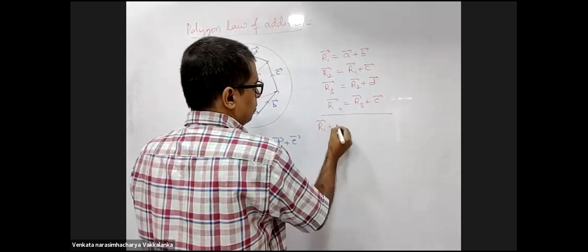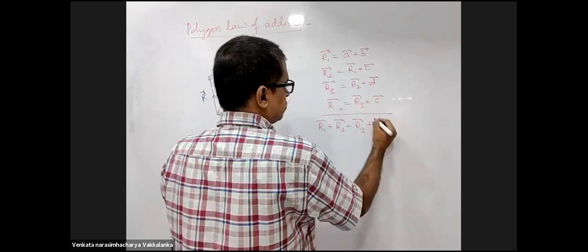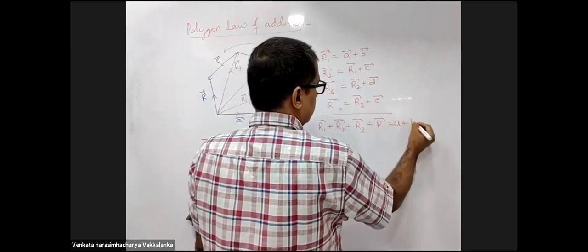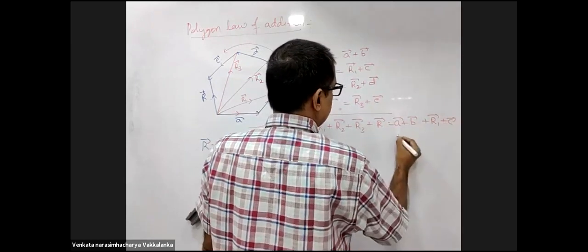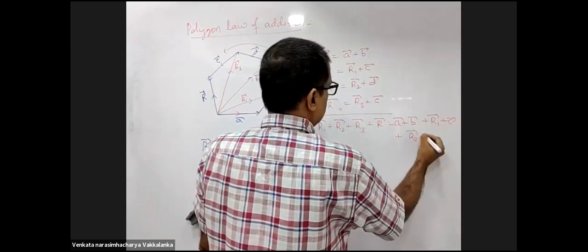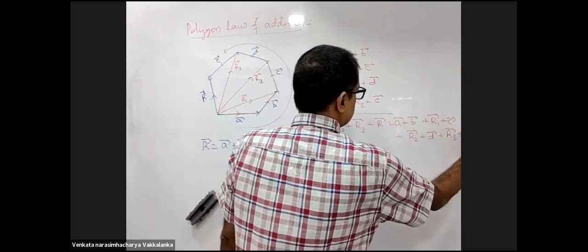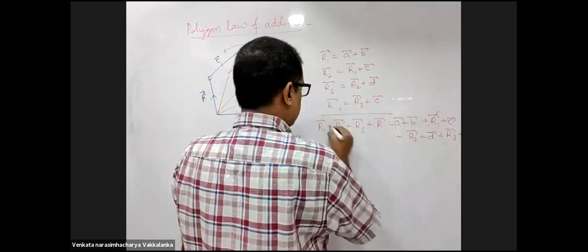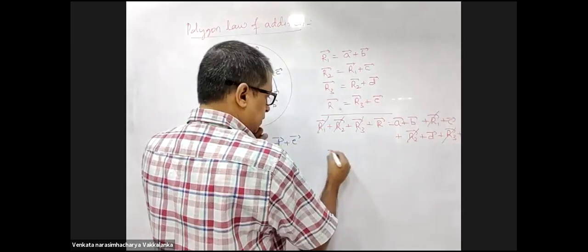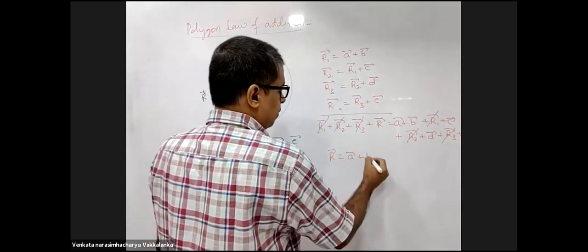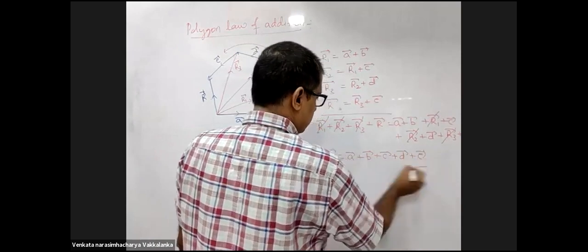R1 plus R2 plus R3 plus R will be A plus B plus R1 plus C plus R2 plus D plus R3 plus C. R1, R2, R3 cancel on both sides. R is A plus B plus C plus D plus E.